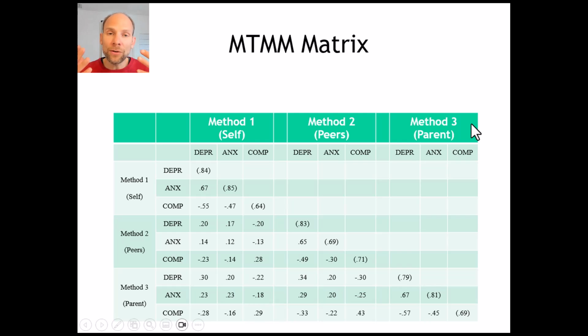So it's a fully crossed 3x3 MTMM design where we have 3 traits that are measured by 3 methods. So we have here a total of 9 different variables that we can correlate in this design, and this leads to a whole bunch of correlations that we can depict in a correlation matrix.